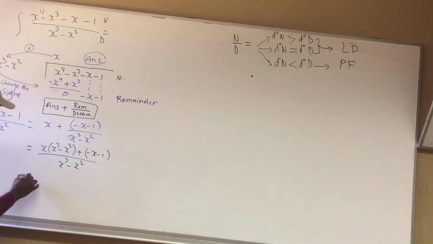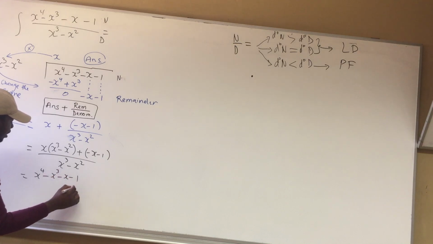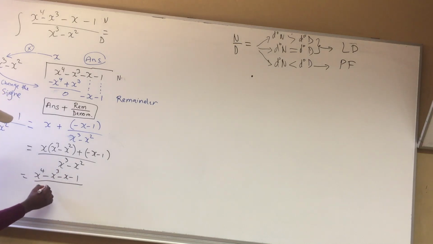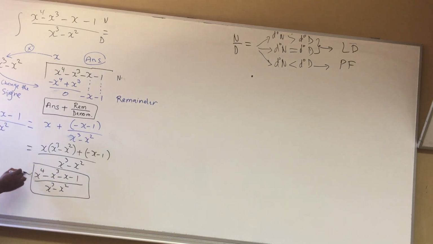This gives you x to the power 4 minus x to the power 3 minus x minus 1 divided by x cubed minus x squared. What do you see? This is the same as the original equation.